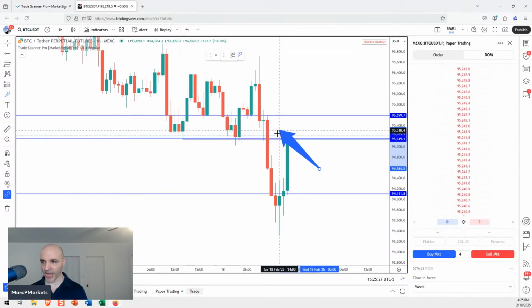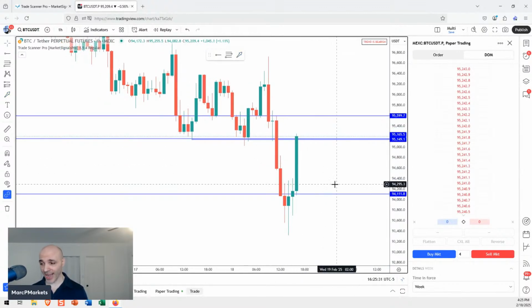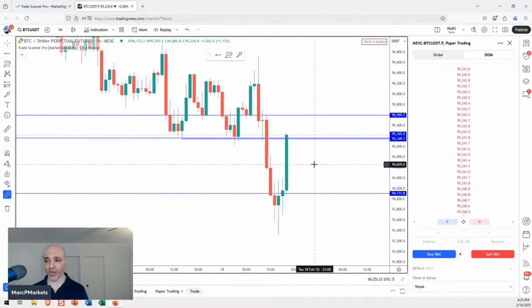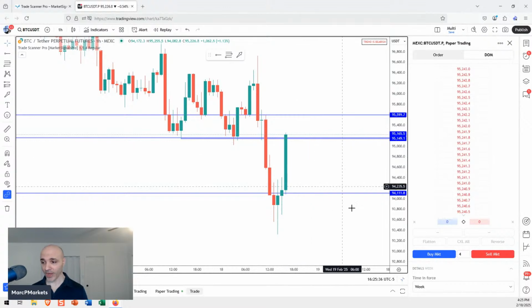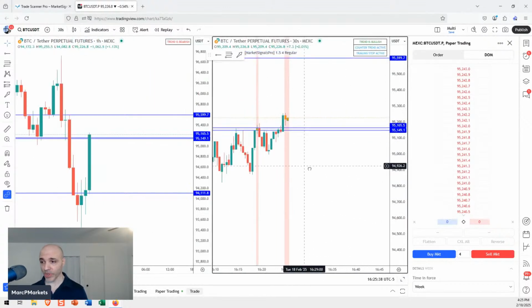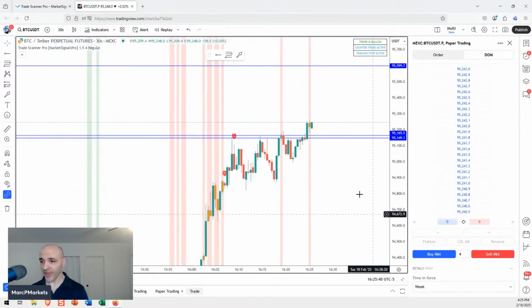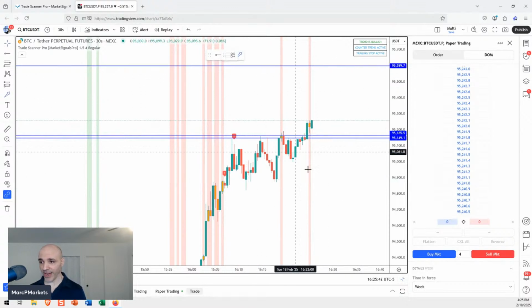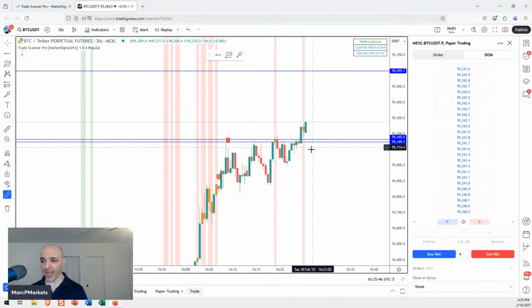So it's still a location to consider shorts, but what I will have to do right now, if you find yourself in this situation, which can happen regularly, especially on small time frames, is, instead of getting in front of this thing and fighting it, which looks like what I'm doing, you have to wait until the momentum turns, right?